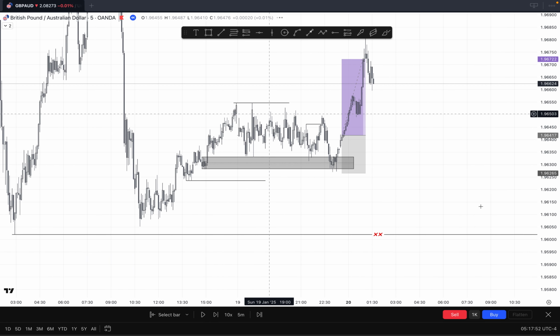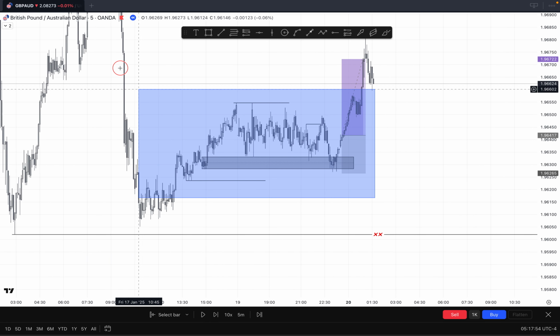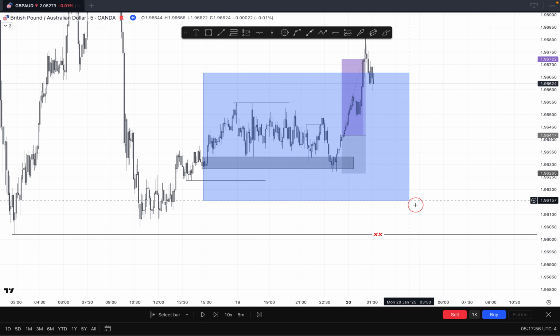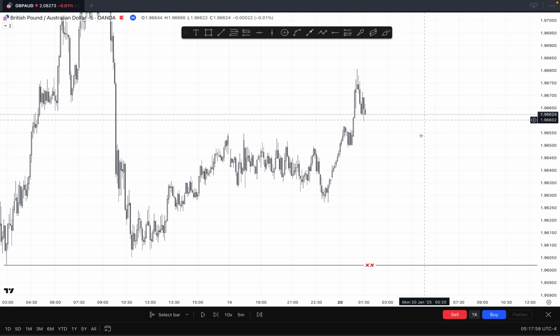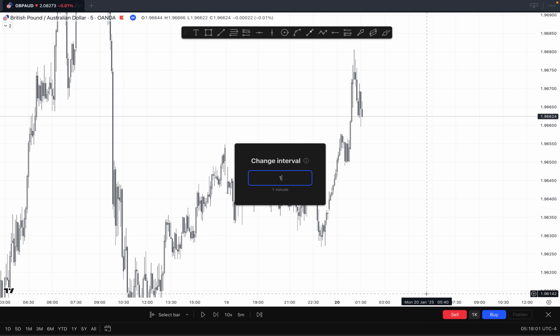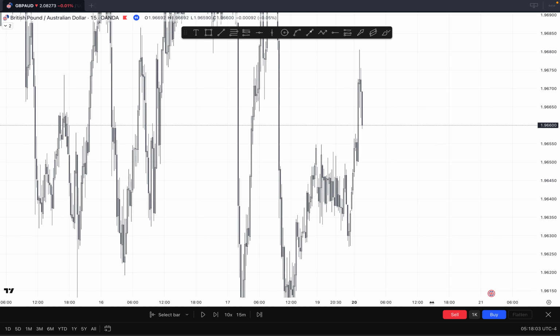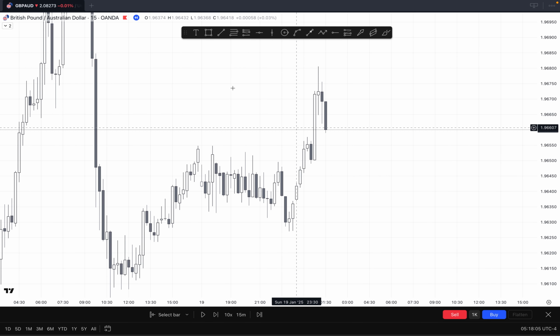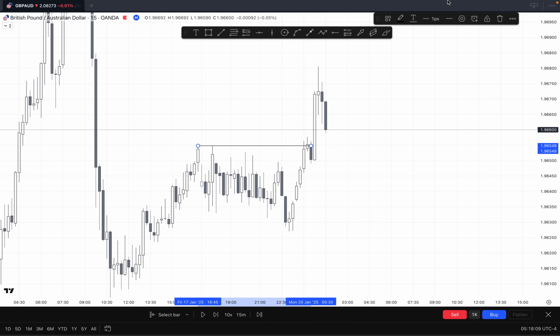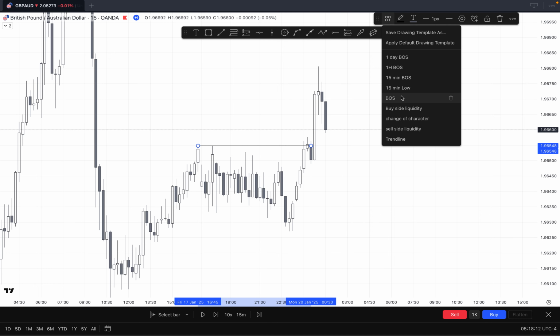Let's see if we can squeeze more out of the market. Alright. We have a 15-minute breaker structure here.